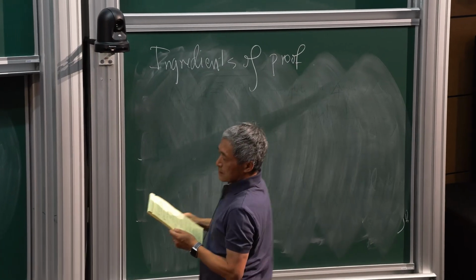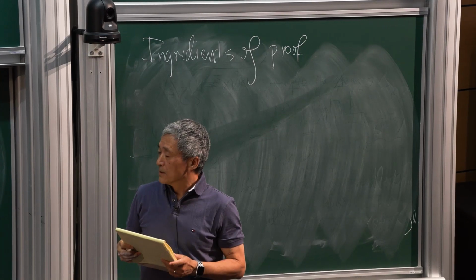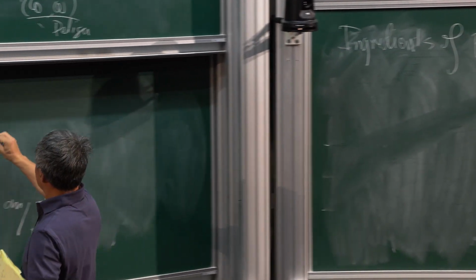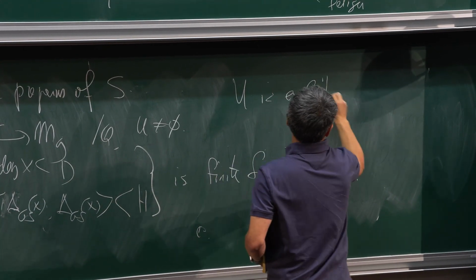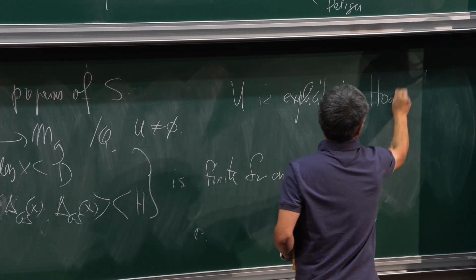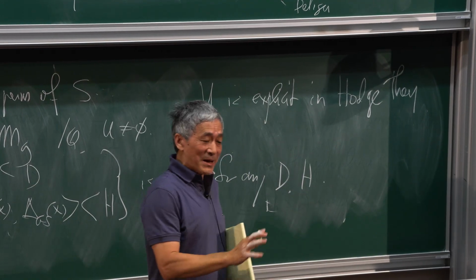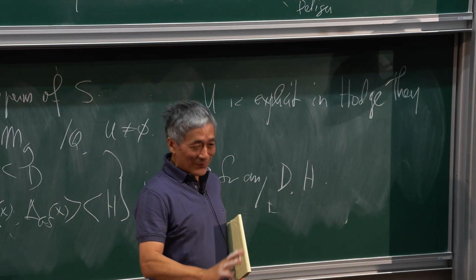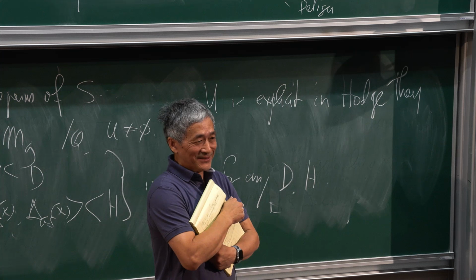Sorry, Shouwu, before you go on, is the complement of U understood? U is explicit in some way in Hodge theory, but it remains a big problem. We really don't know how to construct U explicitly, algebraically.